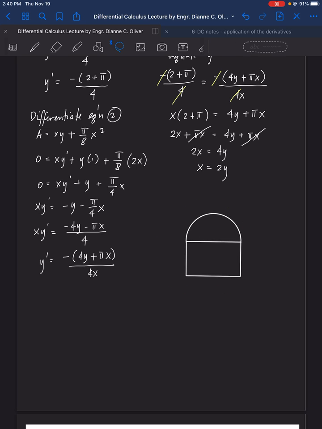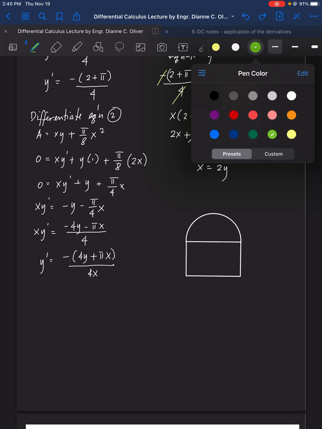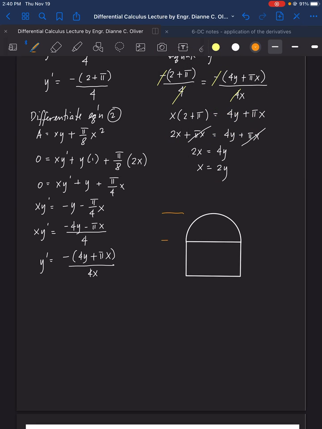If that is the case, previously we have this is x over 2, and then this is y, this is x. Now having the value for the x, we have 2y.